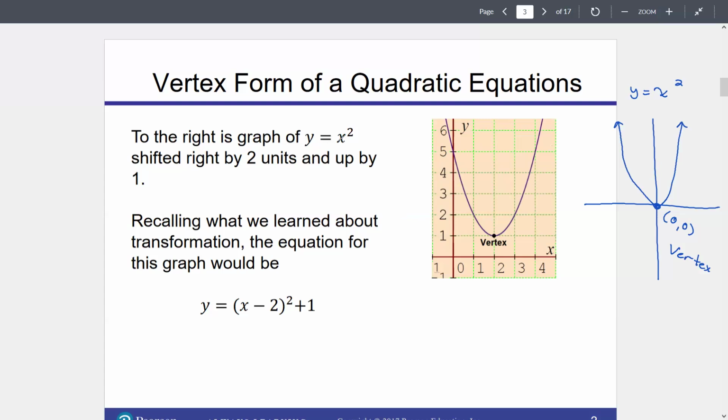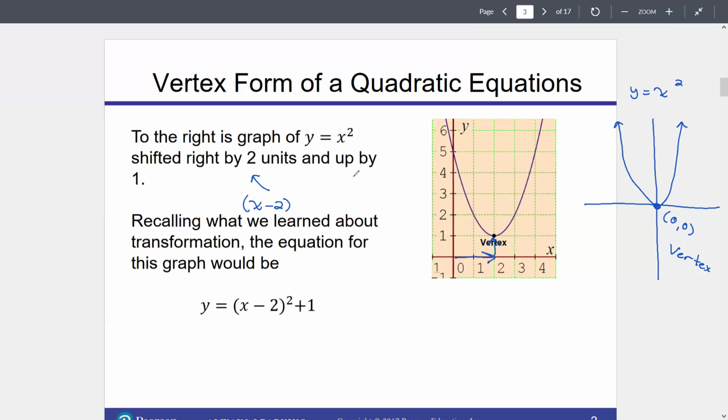So to the right is a graph of x squared, but what we see here is that I had shifted it to the right by 2 units, and then I shifted up by 1. Recalling what we have learned about quadratic equations, if I want to shift right, that means I have to subtract 2 from my x.